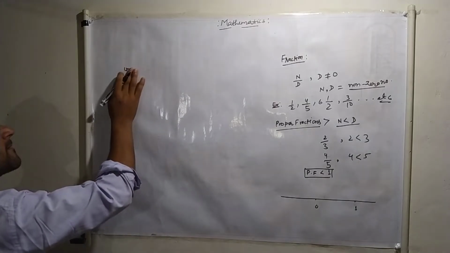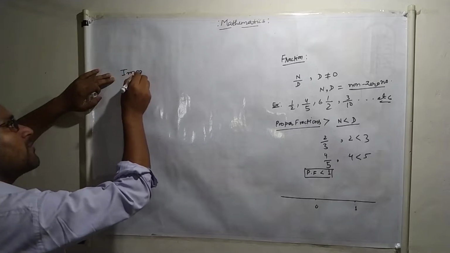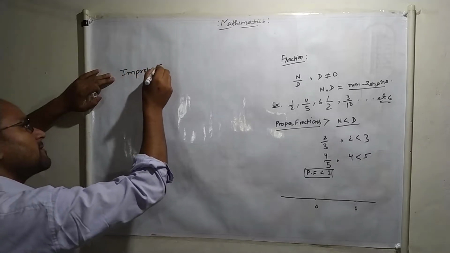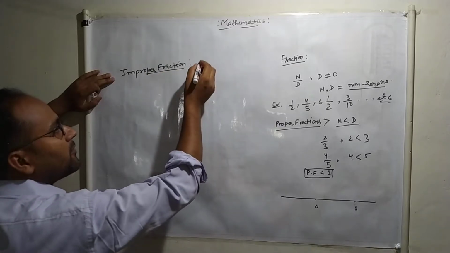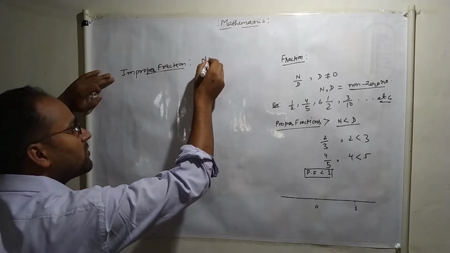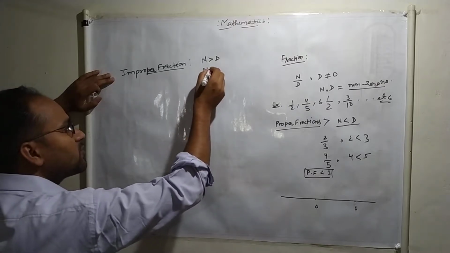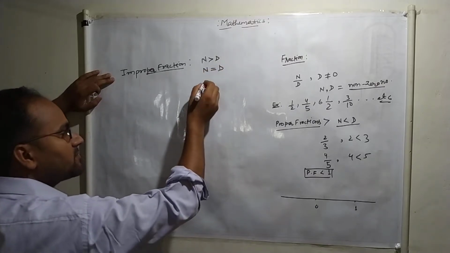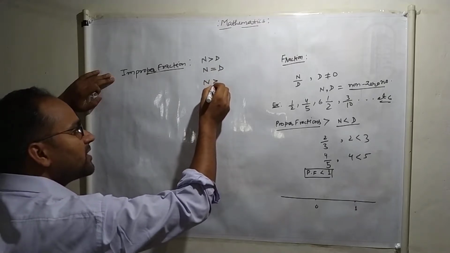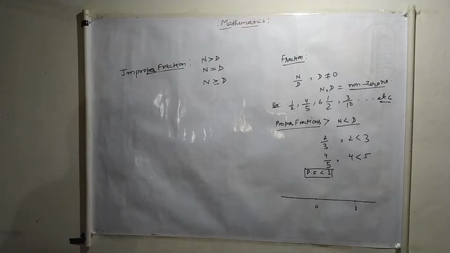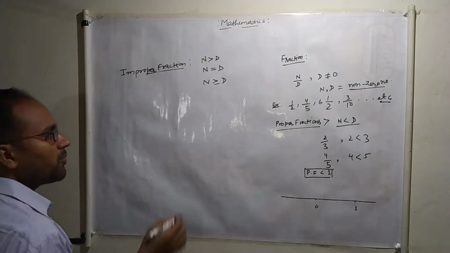Improper fraction: a fraction whose numerator is greater than the denominator. In some cases, the numerator is equal to the denominator. When the numerator is greater than or equal to its denominator, that quantity is known as an improper fraction.